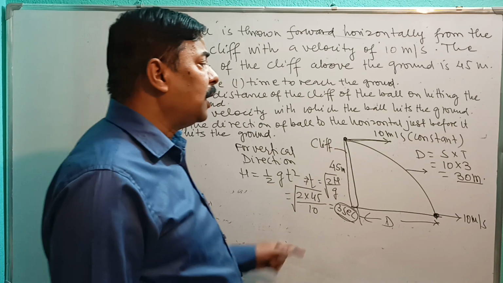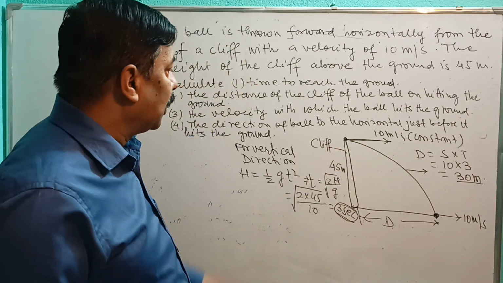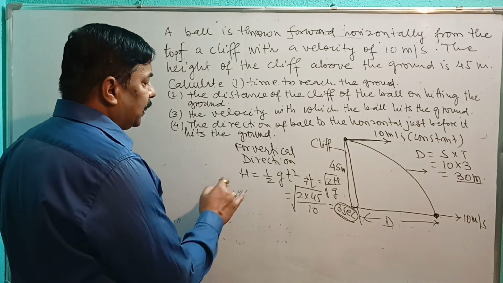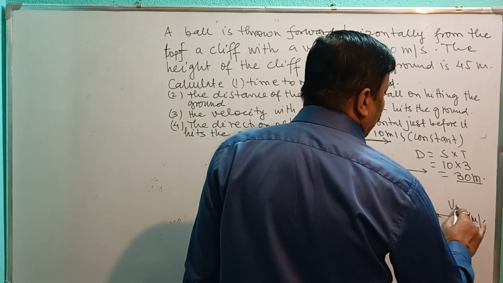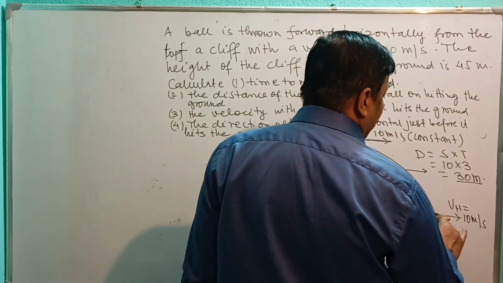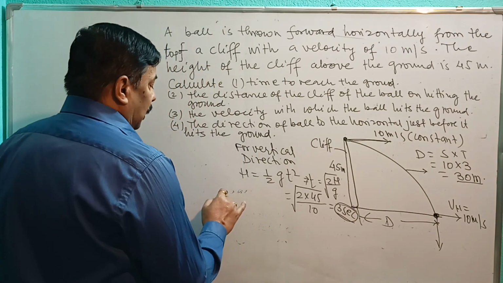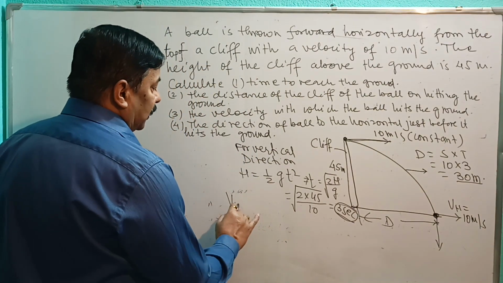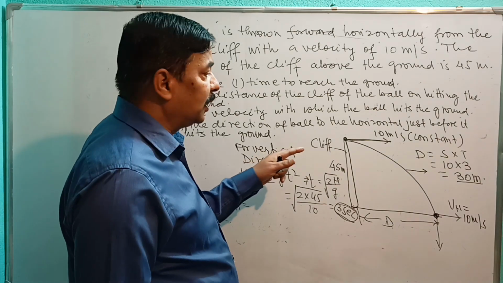Why? After 3 seconds, if we want to find the velocity in vertical direction, this is your velocity in horizontal direction. If I want to talk about the velocity in vertical direction, velocity in vertical direction is equals to how much?